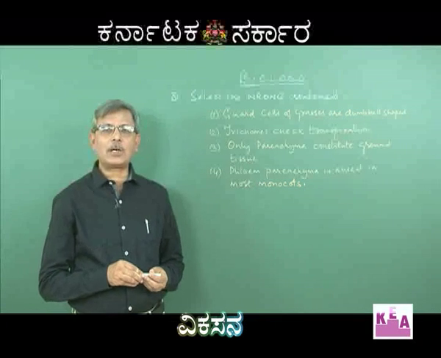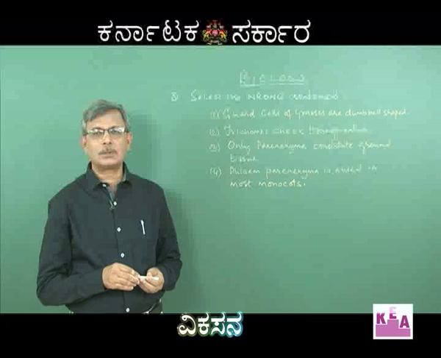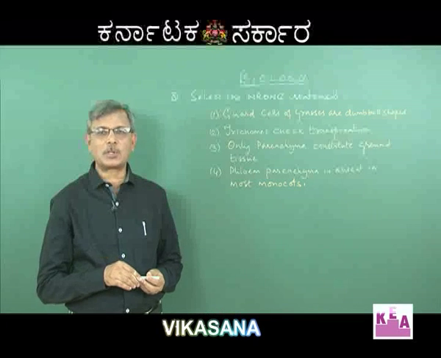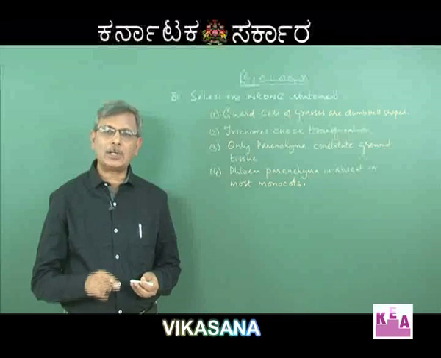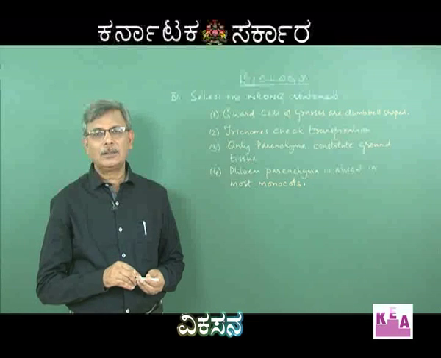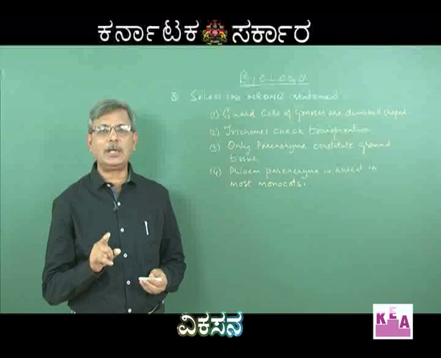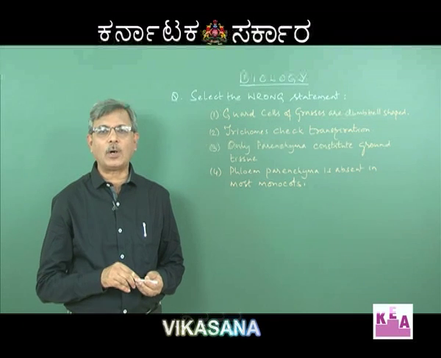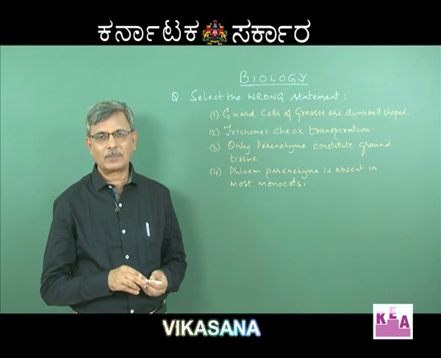The main type of transpiration is stomatal transpiration. It is also called foliar transpiration because leaves are the main organ where stomata are present, and they lose water in vapor form through the stomatal opening.